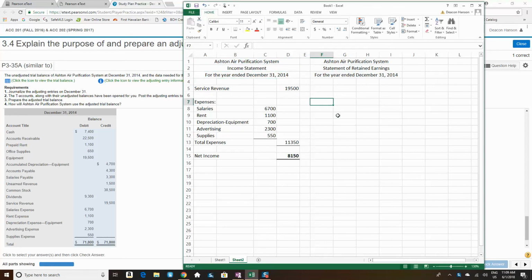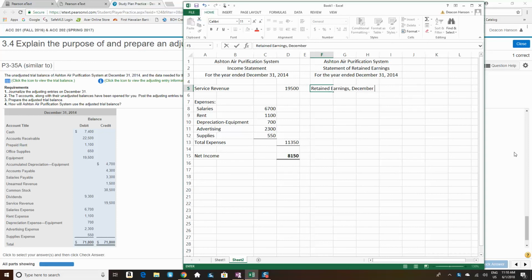Okay. So what you generally start with is your beginning retained earnings. If you think about it, the beginning retained earnings is last year's ending retained earnings.